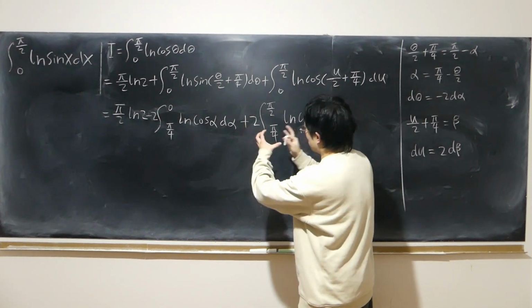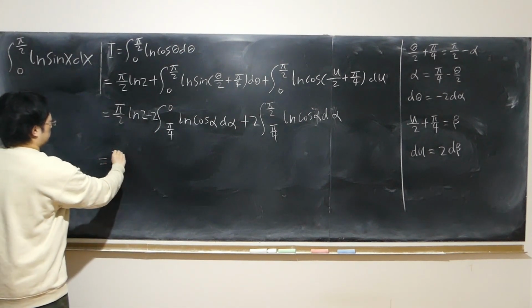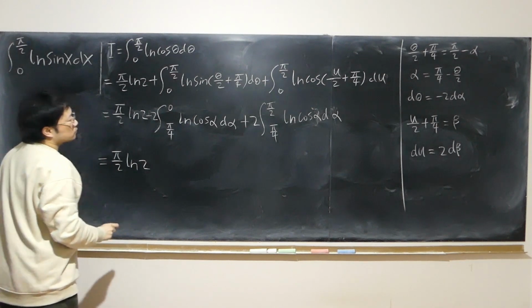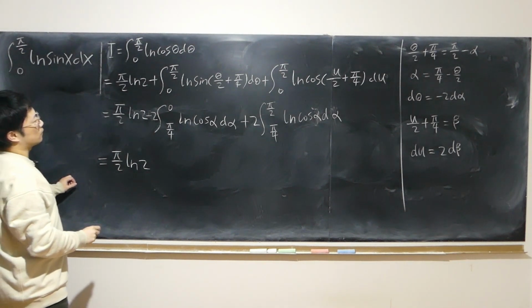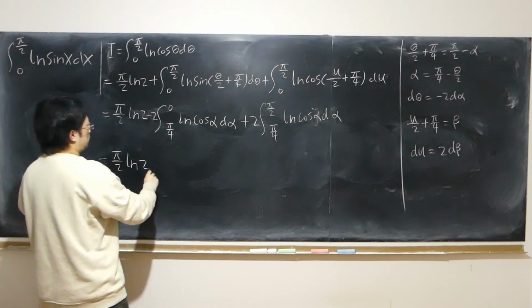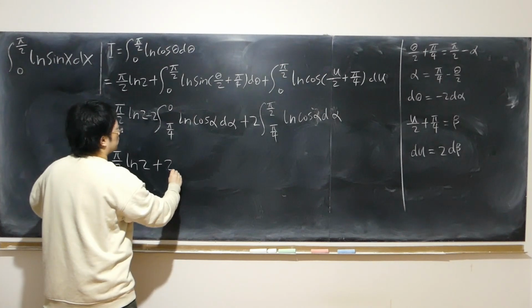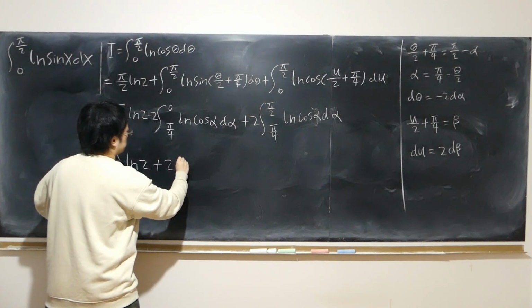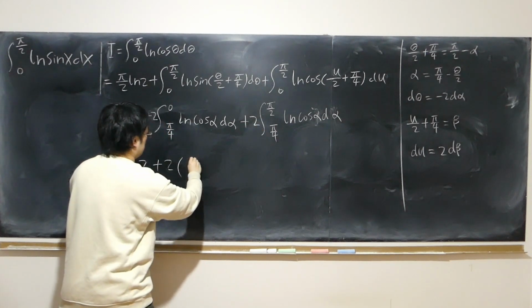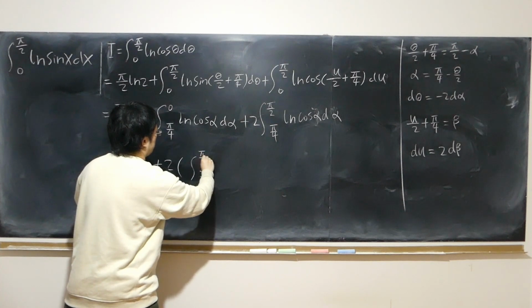We can, of course, combine them together. This is allowed. Except maybe take out the constant here. Here, integral from this to half pi.